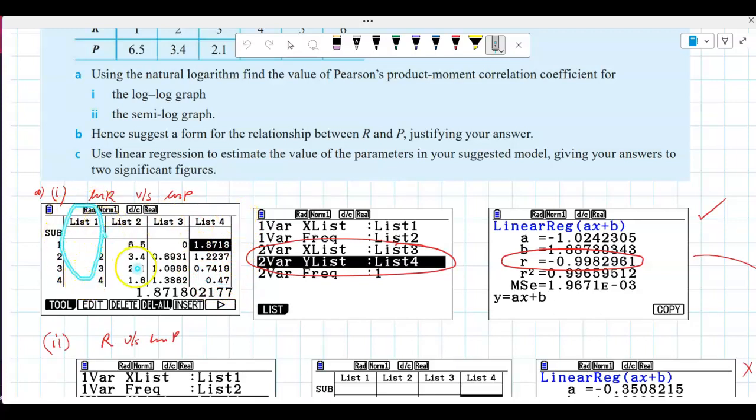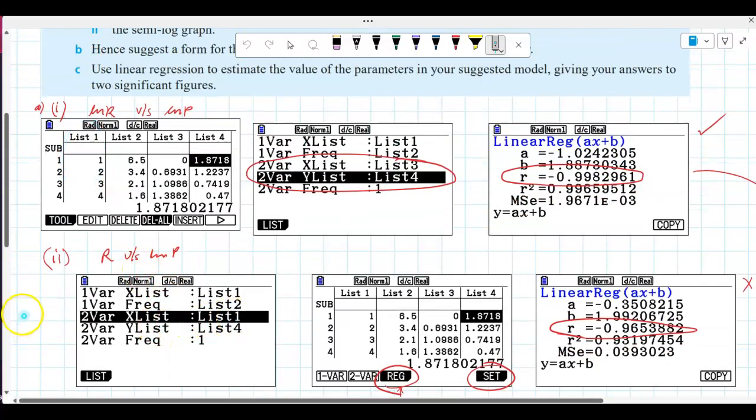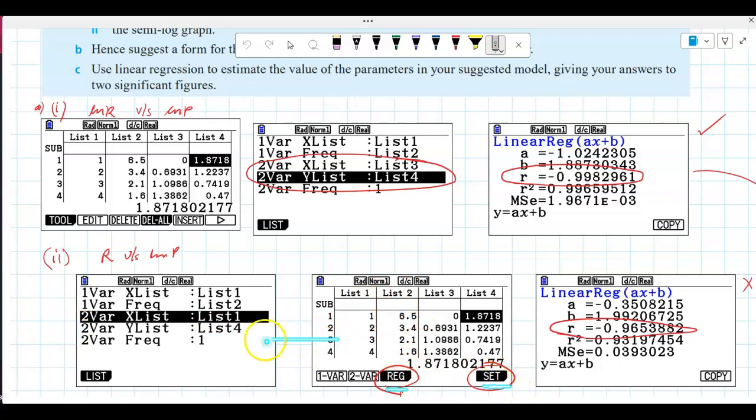You have to take list 1 and list 4. So you put in your list 1 and list 4, take your regression, set it, and then you get your regression, and this is your Karl Pearson moment R, which is.